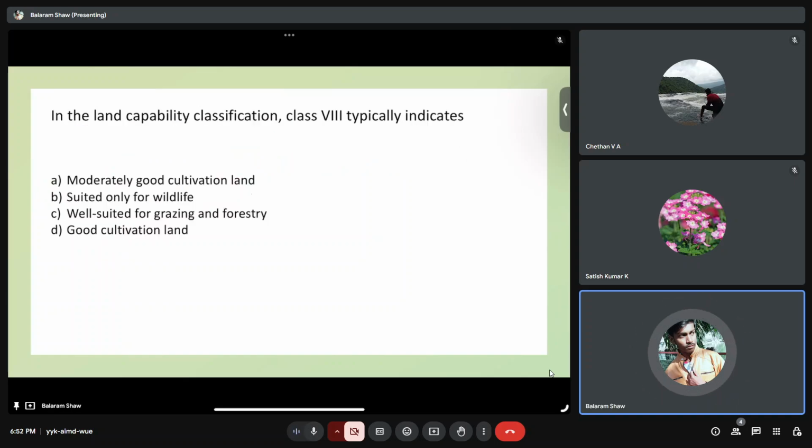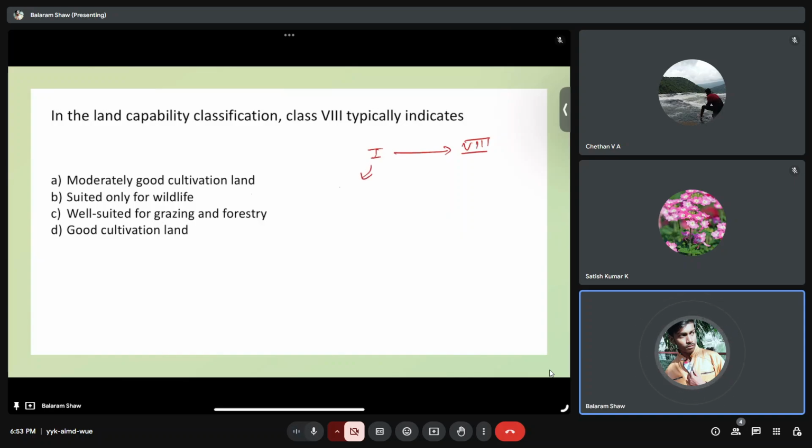Okay, so the next question is, in the land capability classification, class 8 typically indicates what? So capability classification we have seen, it starts from 1 and goes till 8, right?